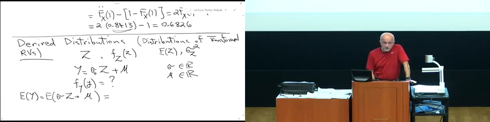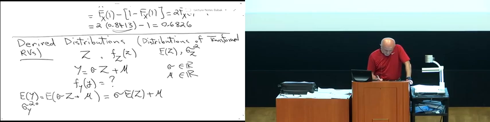This is just some quantity, and it may even be negative. And this is some other quantity. So what happens to the sigma and the mu in this expected value? What property of expected values do I need? Linearity. So linearity says this is equal to sigma E[Z] plus mu.